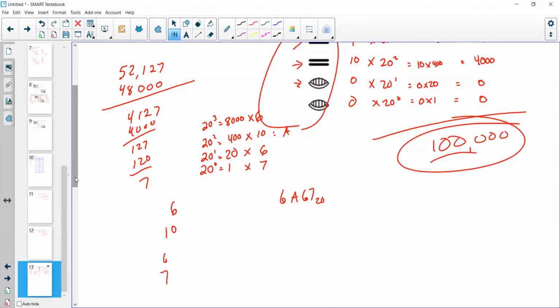How do I write 6? How do I write 10? How do I write 6? How do I write 7? Convert it to base 20 and then convert it to Mayan.